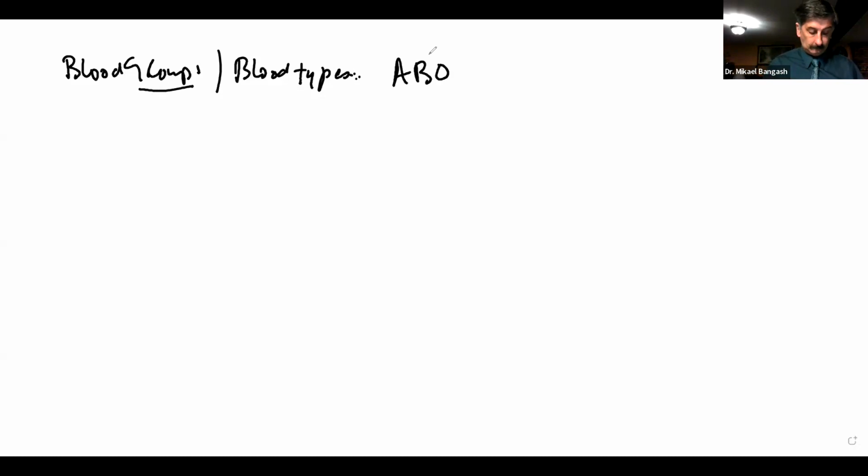Now, guys, I'm just going to write down a statement, and understanding that is going to simplify things. Referring back to that is just going to make it simpler for us to understand the blood grouping and blood typing.